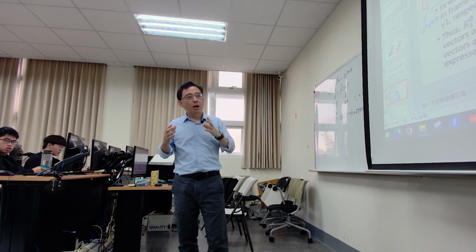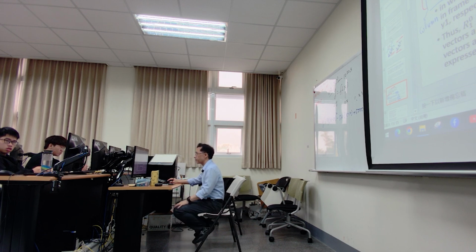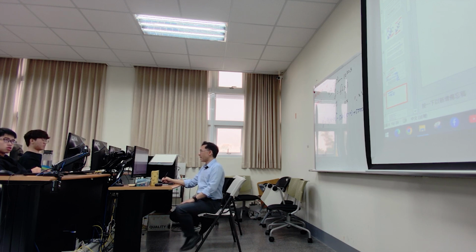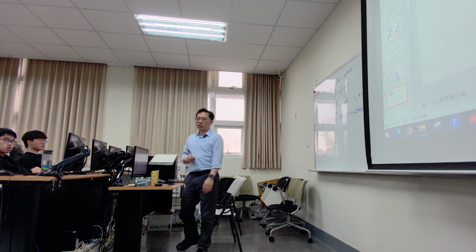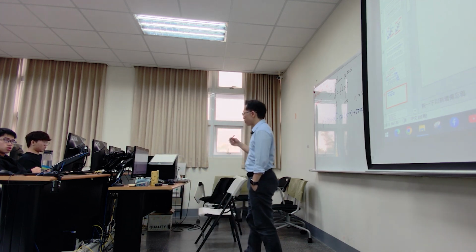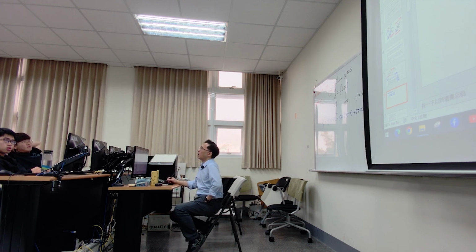Okay, let me do the operation. Rotation matrix. When I say it is a rotation matrix, you need to know what the operation between matrices is. So, for example, I have a position.